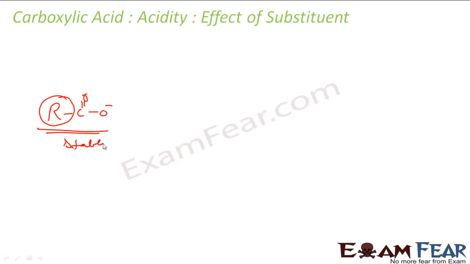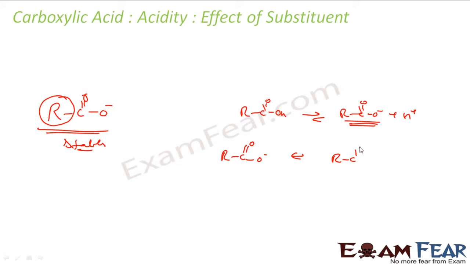right? For RCOOH to break into RCOO minus and H plus, the more stable it has to be. Correct. So now if you see the resonating structure of this is 1 and this is 1. So if you merge these two, what you get is something like this.